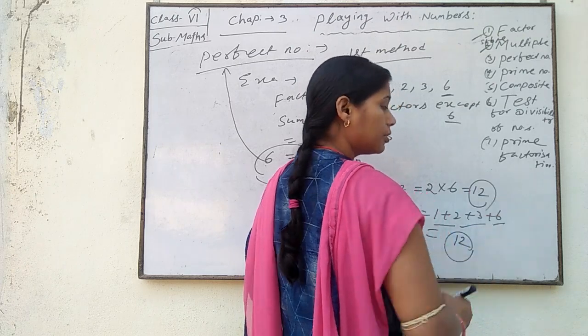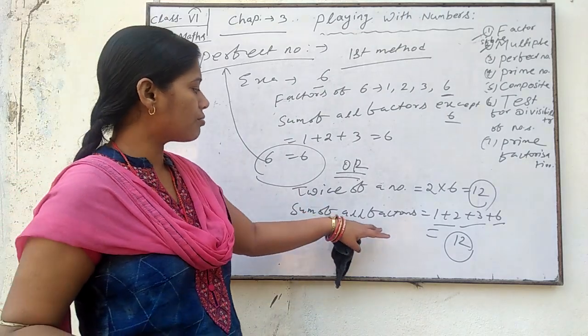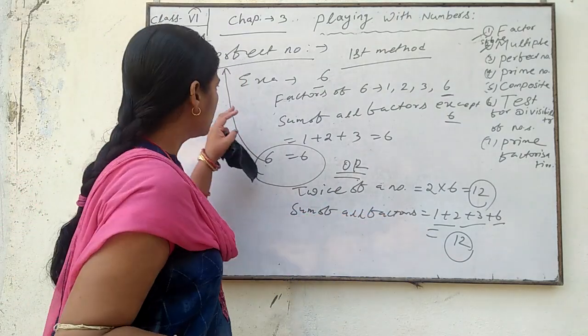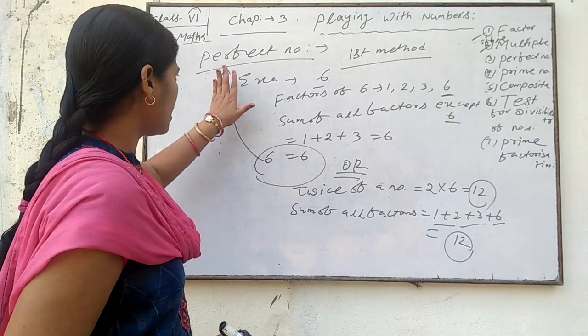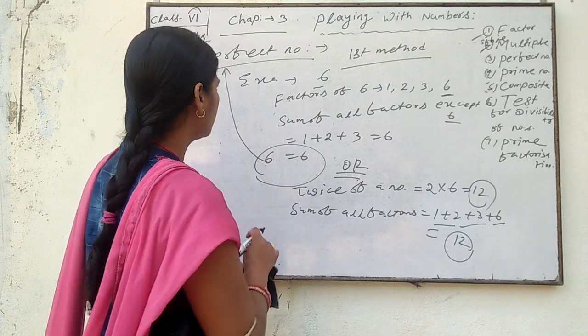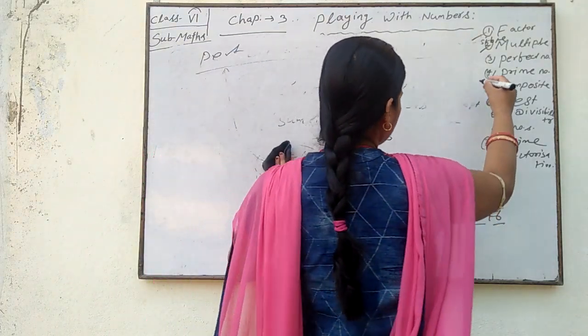Both are equal. Twice the number is equal to the sum of all its factors. So this is one example. In this way you can find which numbers are perfect numbers. Now the next point is prime number.